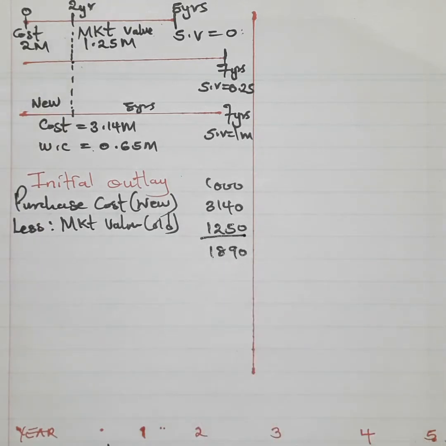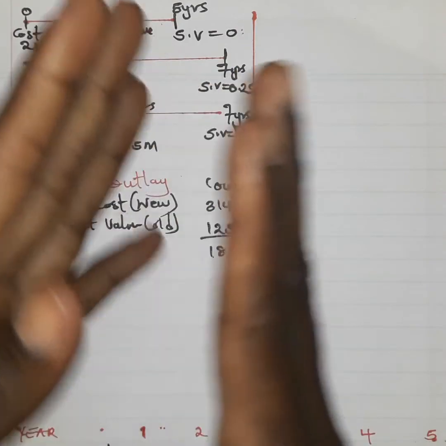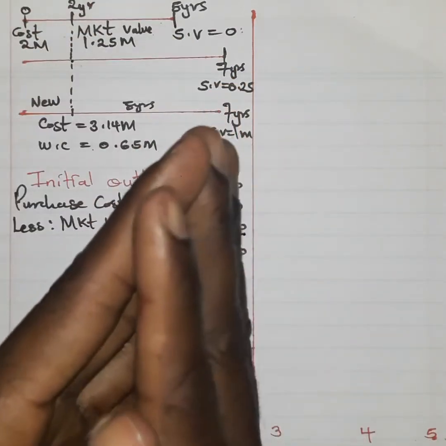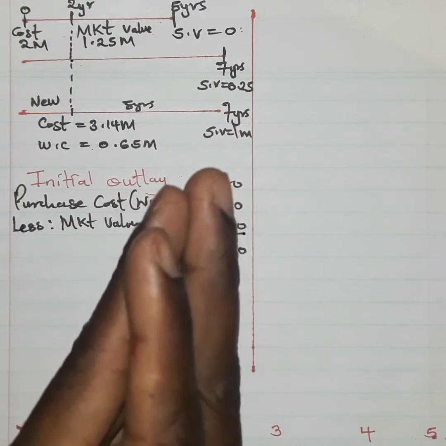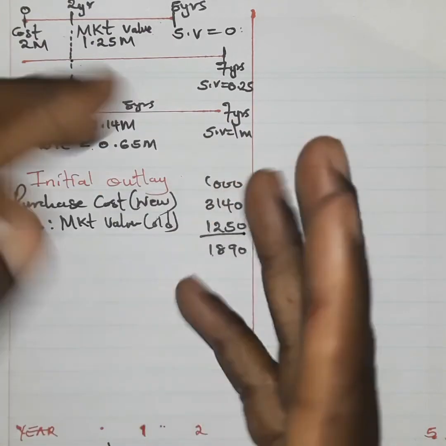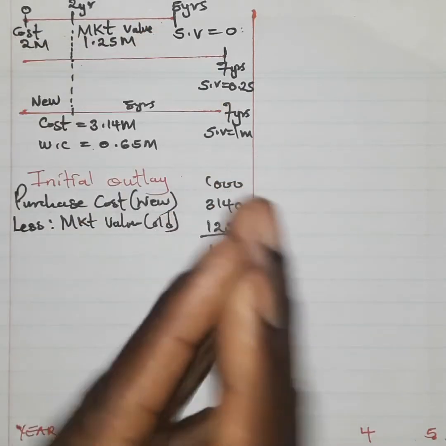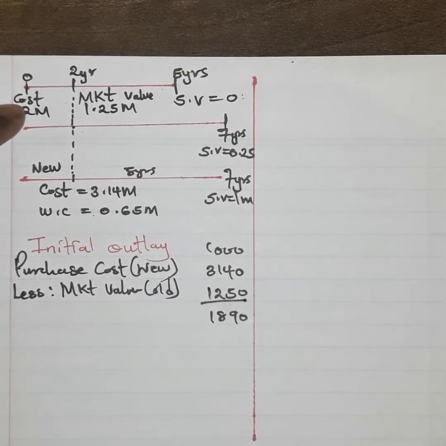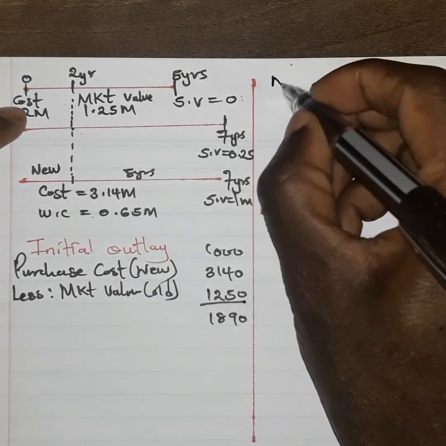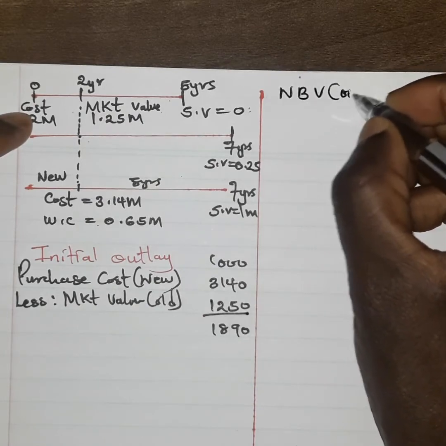But now there's some element. When this old machine is being disposed of, an asset can be disposed at a loss or at a gain, and you only get to know whether there is a gain or a loss when you compare the market value with the book value. So we're supposed to get the net book value of the old machine.